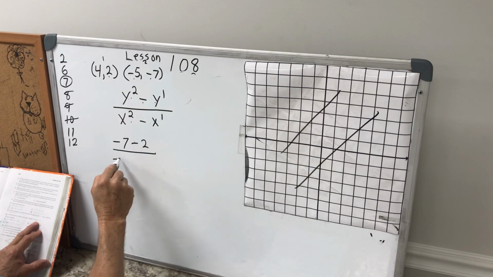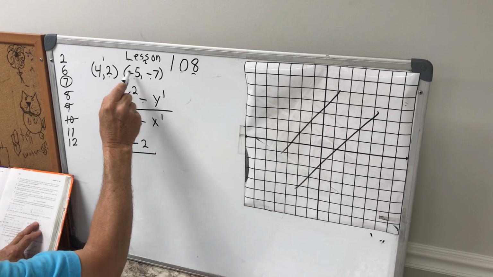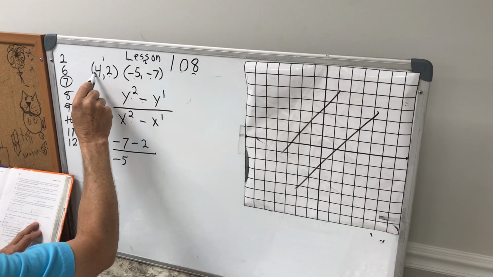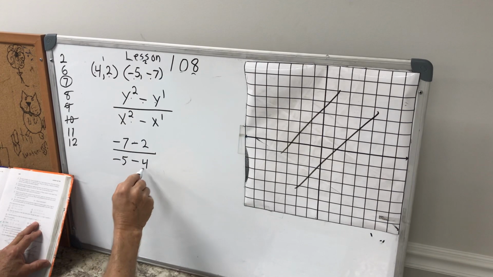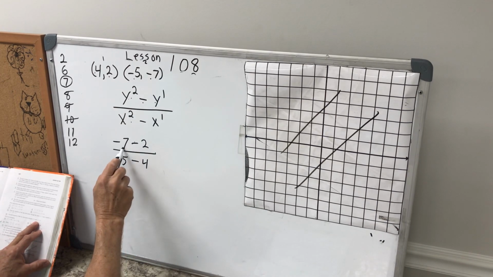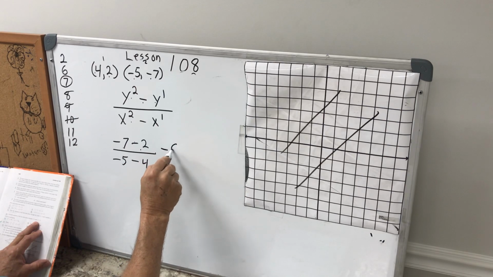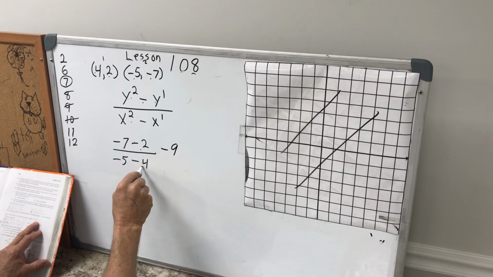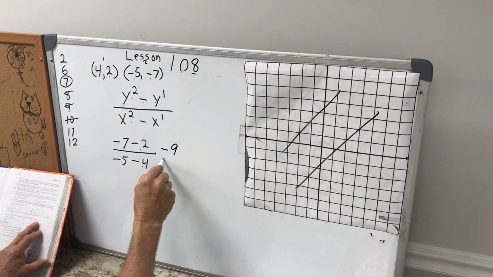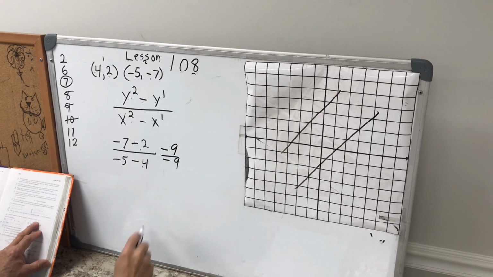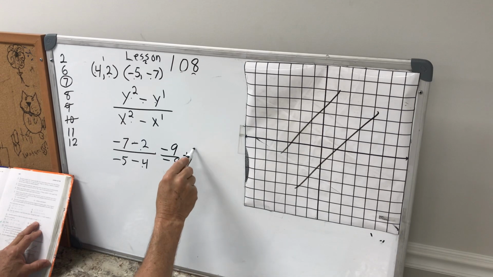A negative 5 minus a negative 4, or minus 4, excuse me. So a negative 7 and a negative 2 is a negative 9. Negative 5 and a negative 4 is a negative 9. That equals positive 1.